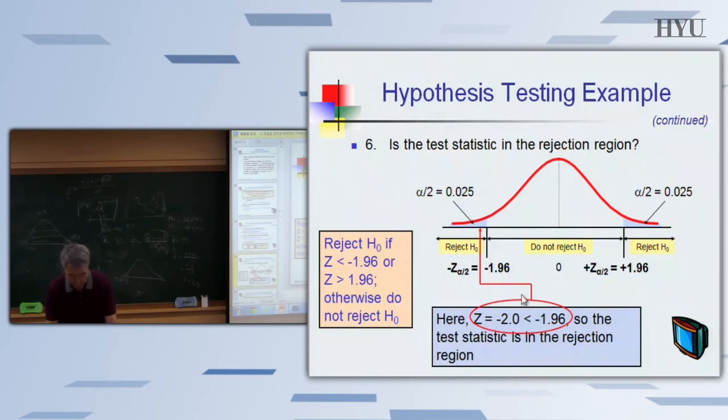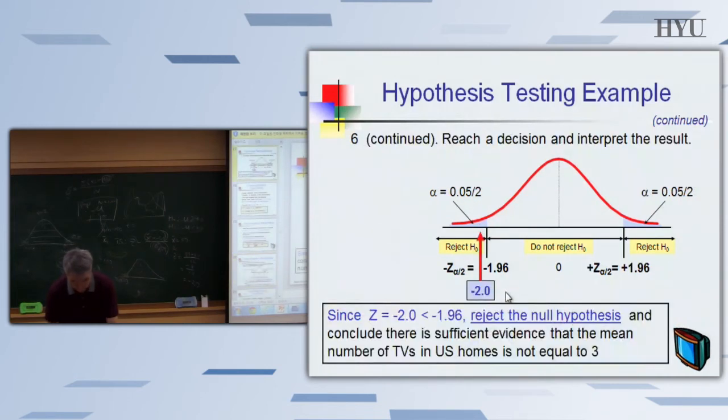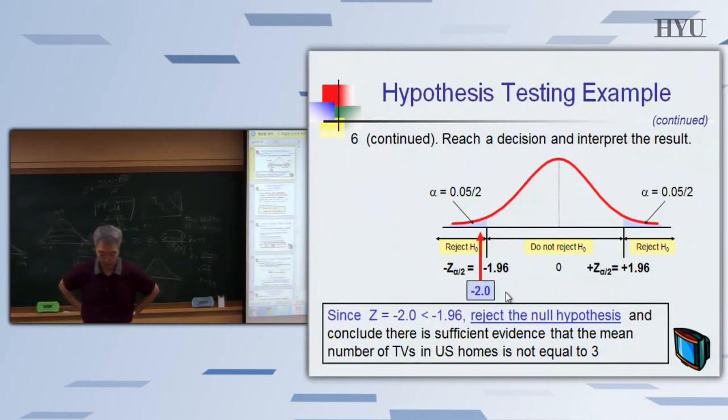So here we have critical values of -1.96 and positive 1.96, but the test statistic is found inside the rejection region. So the conclusion is reject the null hypothesis. And what that means is that we have sufficient evidence that the mean number of TV sets in US homes is not equal to 3.